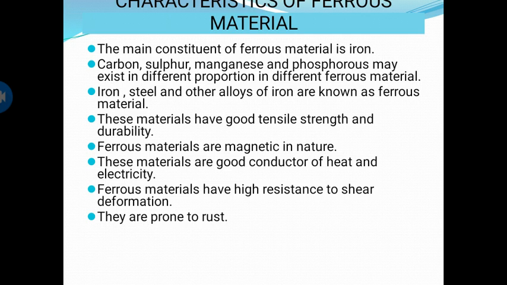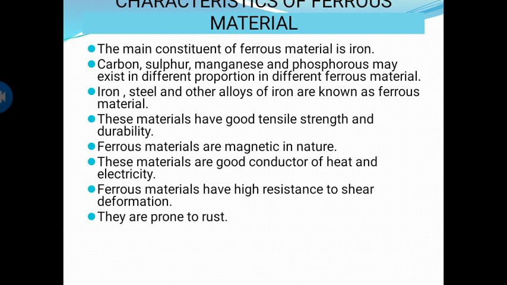So iron is the main constituent of ferrous alloys. Carbon, sulfur, manganese and phosphorus may exist in different proportions in different ferrous materials. Iron, steel and other alloys of iron are known as ferrous material.